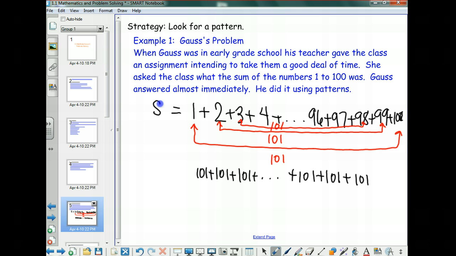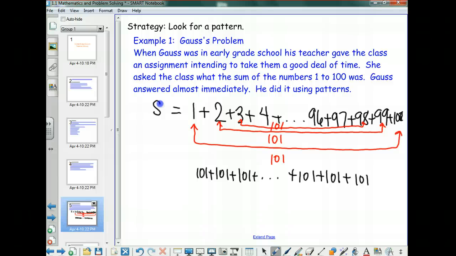But what I really did is I replaced every single number with 101. That's more than I was asked to find, right? Because the 101 came from carrying two numbers up, and that added up to 101. So how much more than I need do I have?